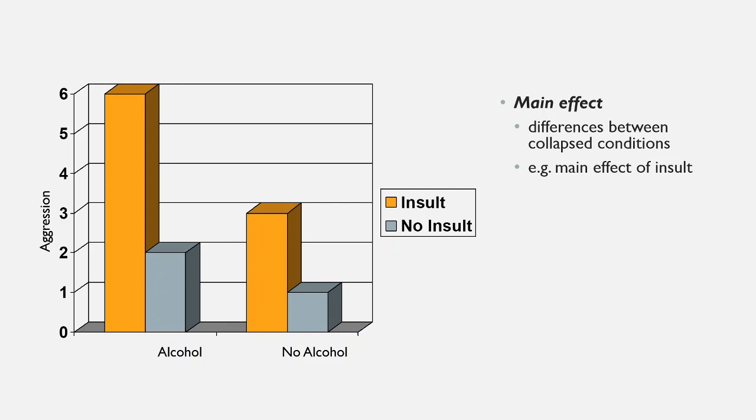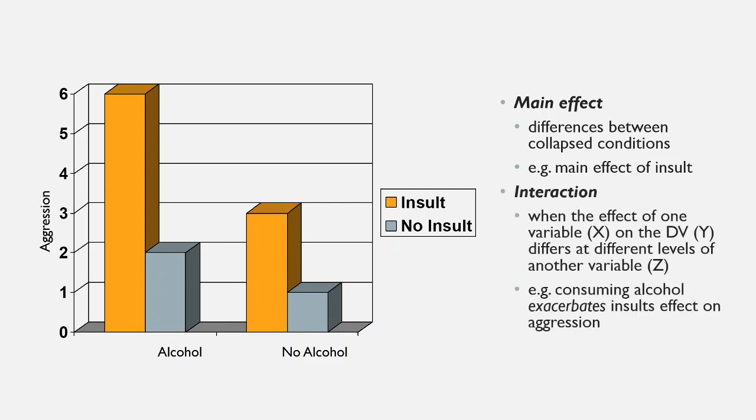So if I just had one bar for the insult mean versus the no insult mean, no longer broken down by alcohol, if it was the case that the insult, regardless of alcohol, and the no insult were different before alcohol was taken into account, that again would be an indication that a main effect was present.